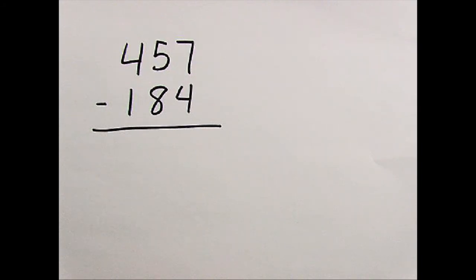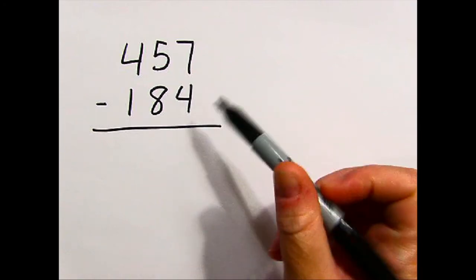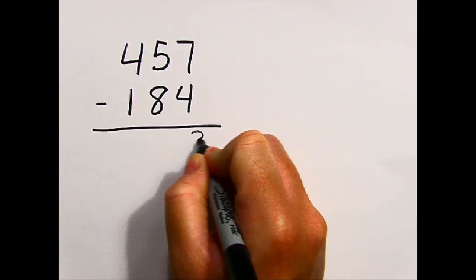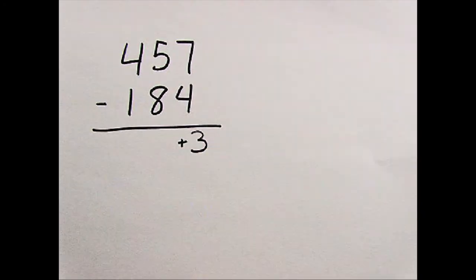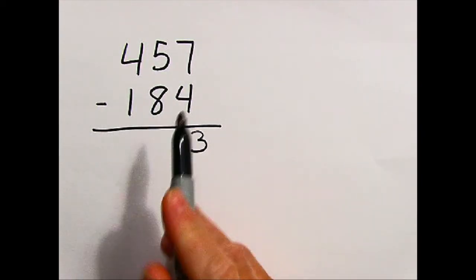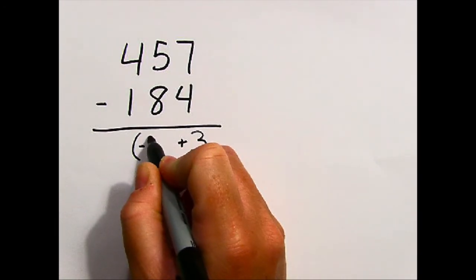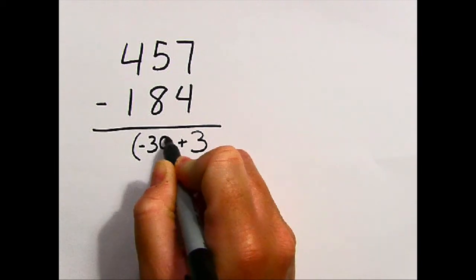So here's a different look. What happens when the negative is in the tens place? So 457 subtract 184. We'll start in the ones place. So I have 7 subtracting 4, which leaves me with a positive 3 ones. And then moving into the tens, I have 5 tens subtracting 8 tens, which really is a -3 tens or a -30.